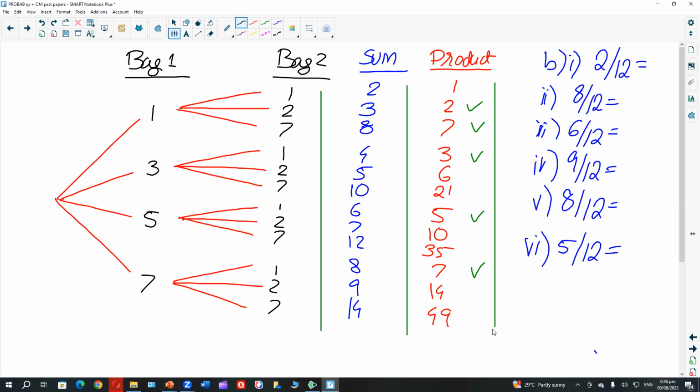So how many total numbers which are prime? 5. Five numbers. Okay.